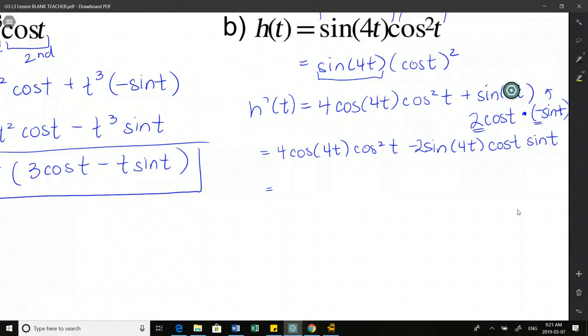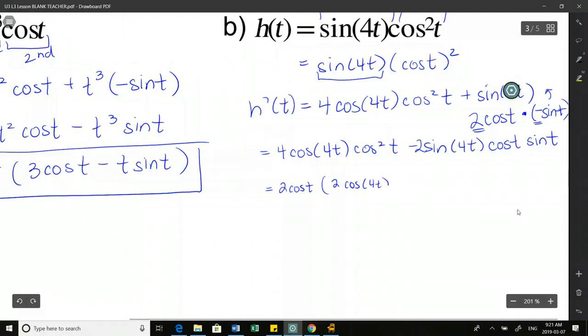Okay, common things here. I think we can take out a 2 cos t. And then we are left with 2 cos 4t cos t minus sine 4t sine t.